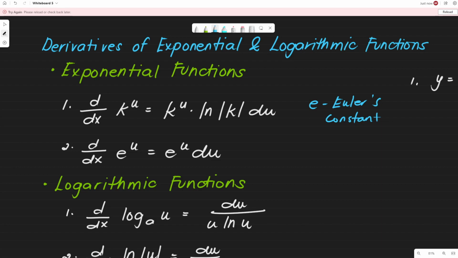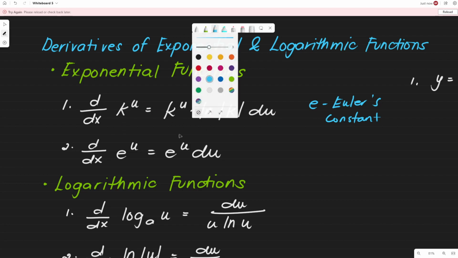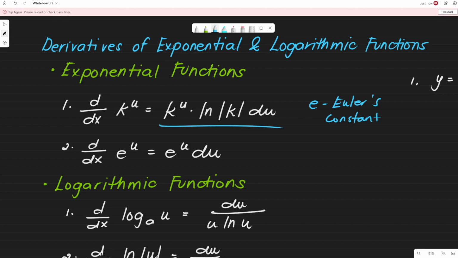Bakit siya naging e^u du na lang? If we're going to plug e as the constant k, kasi remember, Euler's constant is a constant. It has a value. So if we plug e raised to u using our original formula, k raised to u ln k, it becomes e raised to u times ln e.